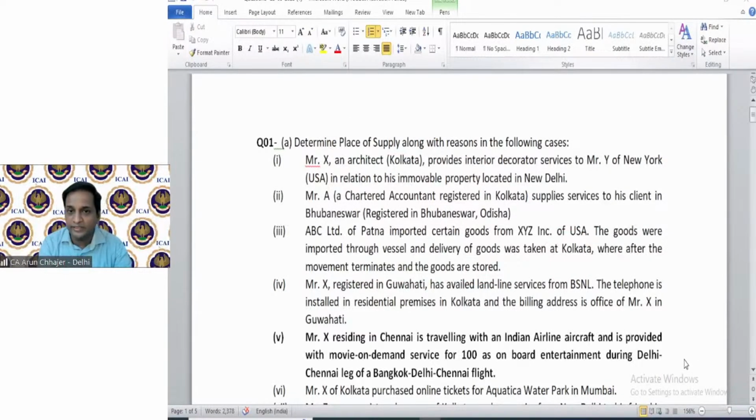The answer would be absolutely correct. It is not a transaction of service, so it is not covered by 12 or 13. It is a transaction of goods, and goods are covered either in 10 or 11. What is the difference?